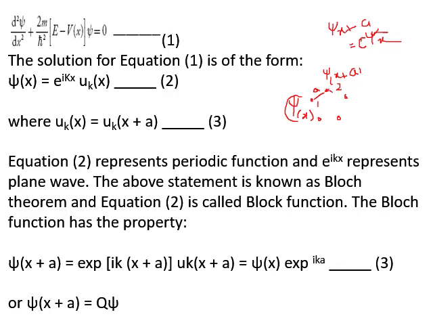In that condition, the total distance covered by the particle is again a. So here a, here also a. So the total distance covered by the particle is 2a. Now our function becomes psi(x + 2a), that is x plus not only a but 2a, equal to psi(x).